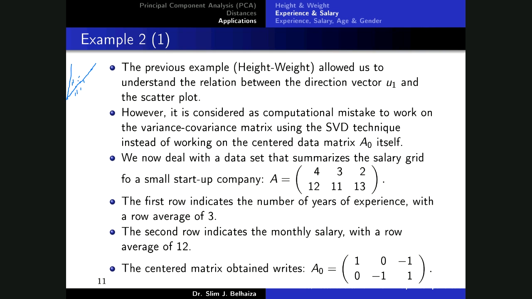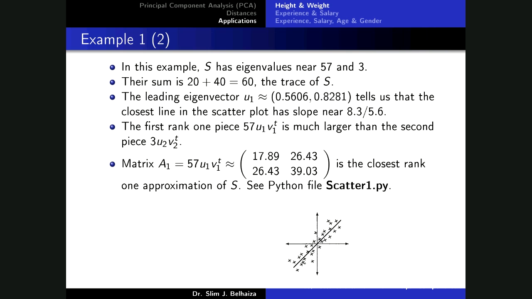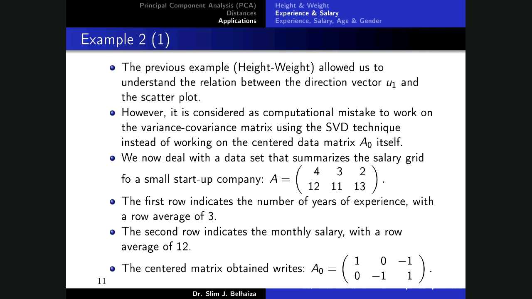Okay, so we are saying here that the previous example allowed us to understand the relation between the direction vector U1 and the scatter plot. However, it is considered a computational mistake to work on the variance covariance matrix using the SVD instead of working on the centered data matrix itself.